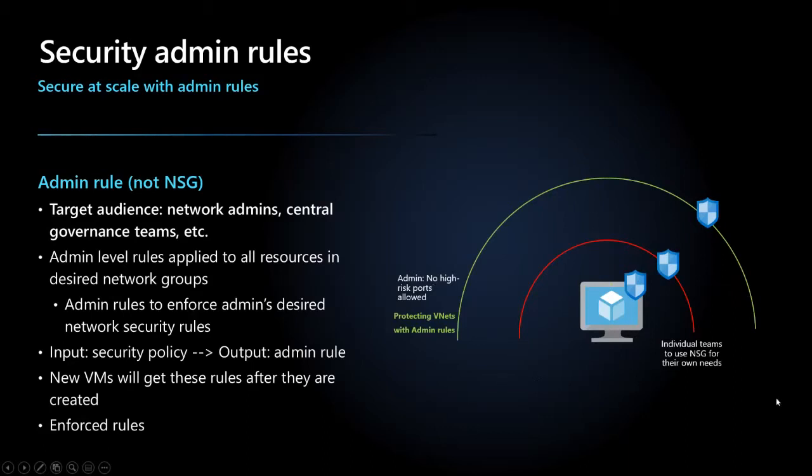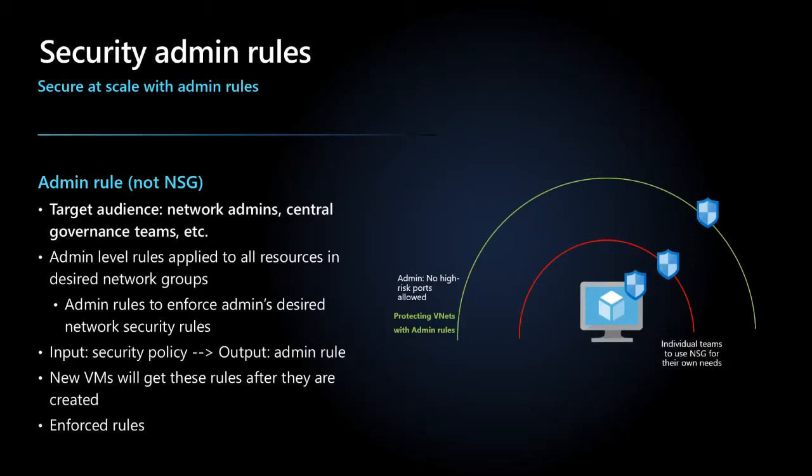On the right-hand side, you have an illustration of how you can use this. Admins can say, okay, I want to block all of the high-risk ports by creating a deny high-risk port admin rule. In this way, all of the VNets specified with this rule will be protected by admin rules. So no matter what NSG rule owners do, no matter how they modify NSGs, this rule will still be enforced.